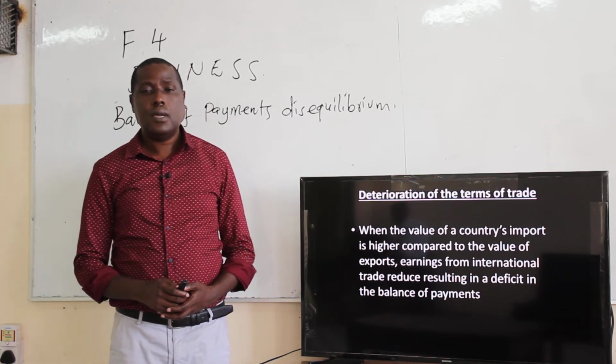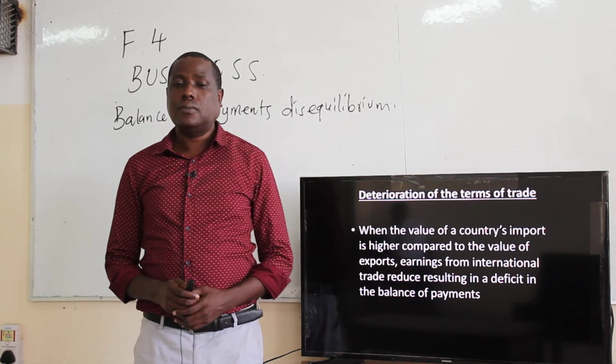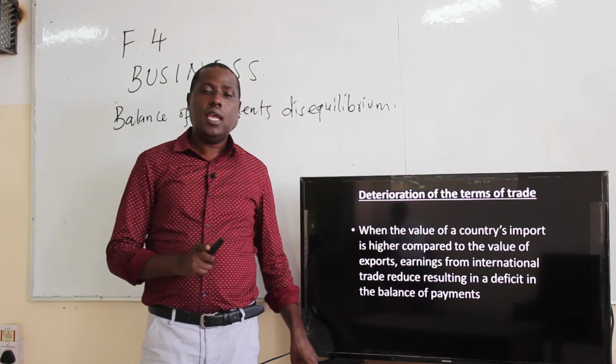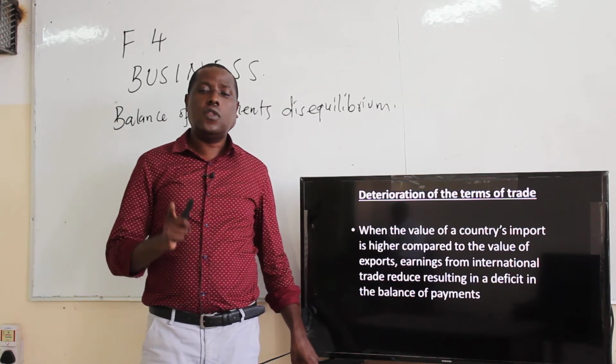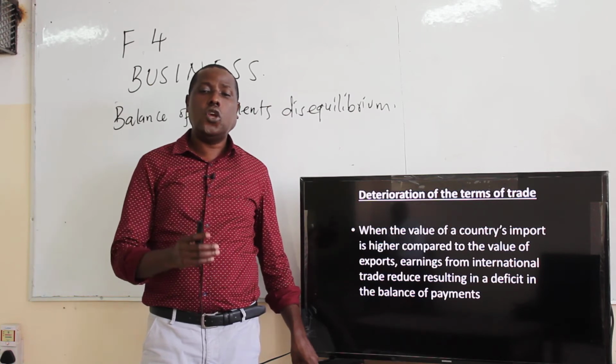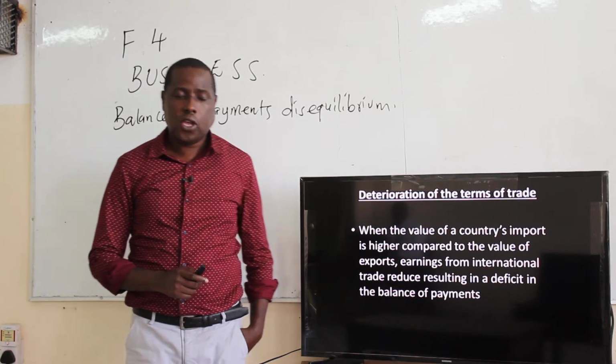Number three, deterioration of the terms of trade. When the value of a country's import is higher compared to the value of export, earnings from international trade will reduce, resulting in a deficit in the balance of payments.